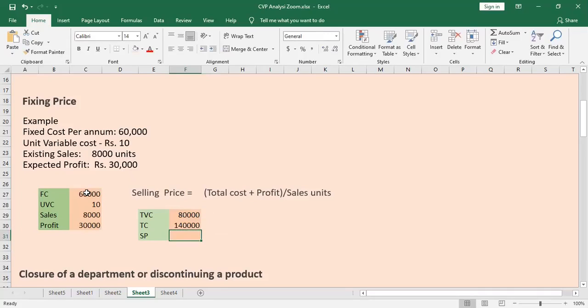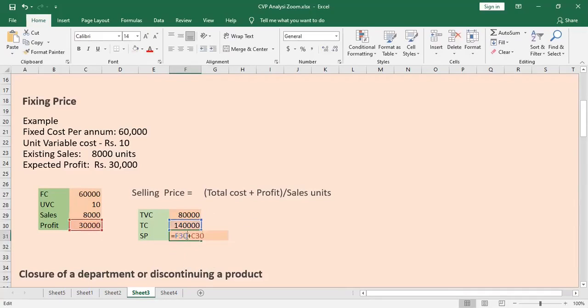So now how do you decide upon your sales price? Your total cost is 140,000 rupees. When you know your total cost, you know your profit, right? So that means your total sales should be equal to this 140,000 rupees plus your 30,000 profit. So this should be equal to the total selling value.